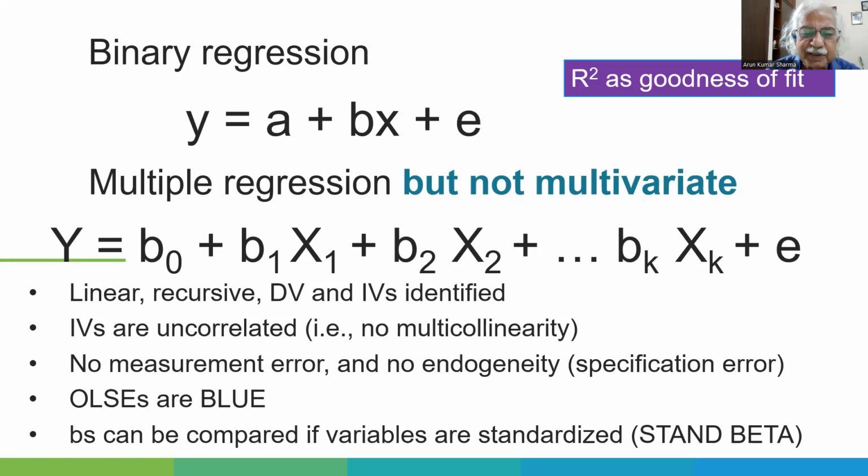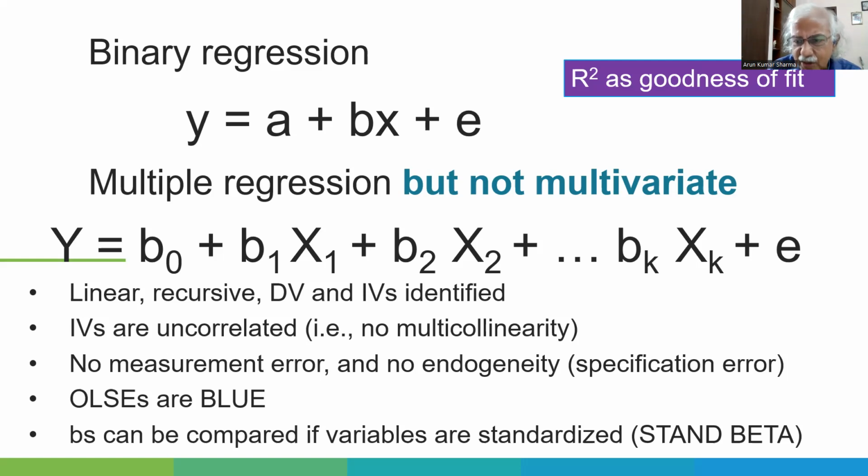There is no measurement error, no endogeneity, meaning there is no specification error, there is no z which affects y, and also no one or more of the explanatory variables x1, x2, xk has been ignored in the analysis. Only under these assumptions we say that the partial regression coefficients b1, b2, b3, bk are BLUE, meaning best linear unbiased estimates. I know that you understand the meaning of BLUE.